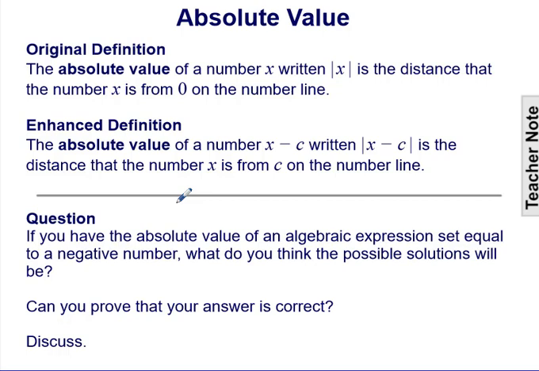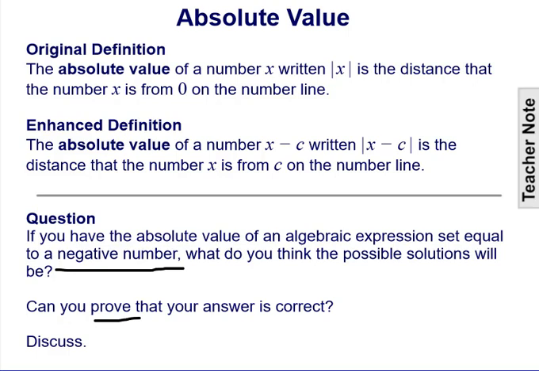But if you have the absolute value of an algebraic expression set equal to a negative number, what do you think the possible solutions will be? Well, it's even hard for me to ask that question. Can you think of a possible solution where the absolute value is set to a negative number? Even if you can think of an answer, can you prove that your answer is correct?